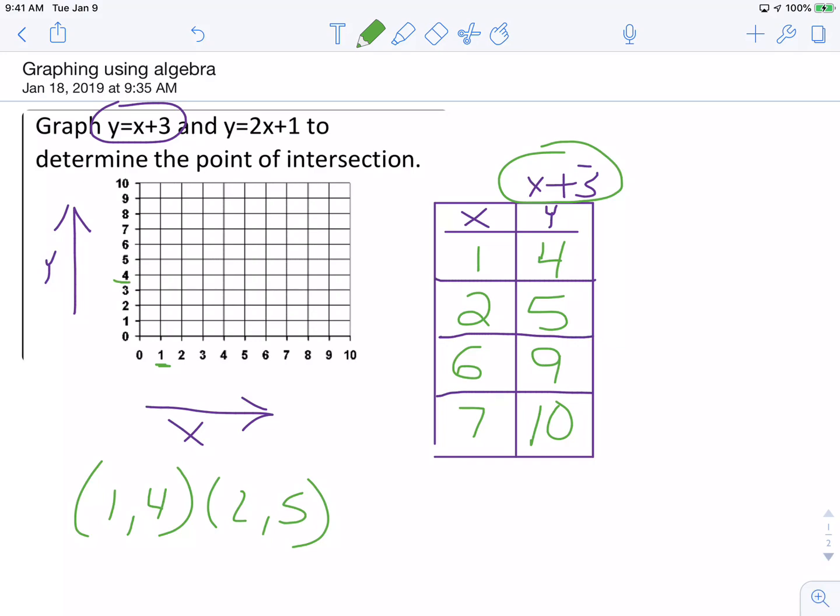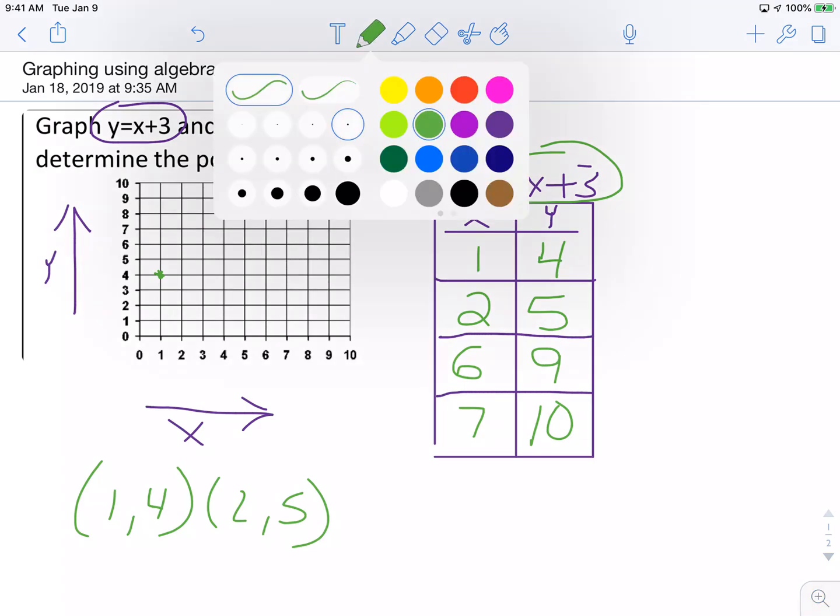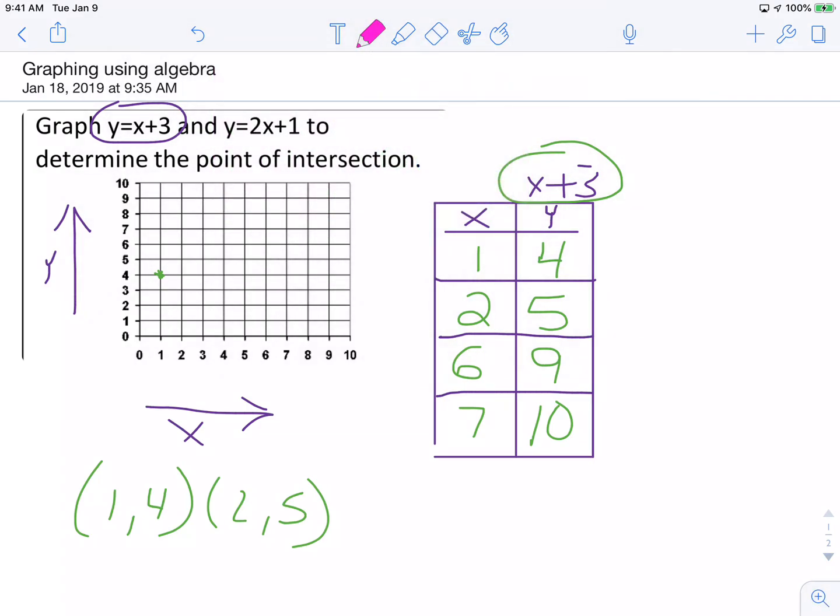I'm going to put a dot right in that spot, maybe. Okay, might be a little difficult. So I took care of that one. My next one is over 2, up 5. So I'm going to go over 2. I'm going to use a different color this time.